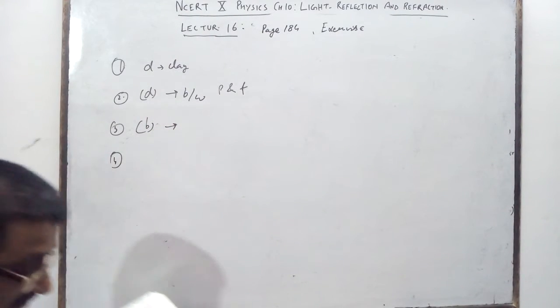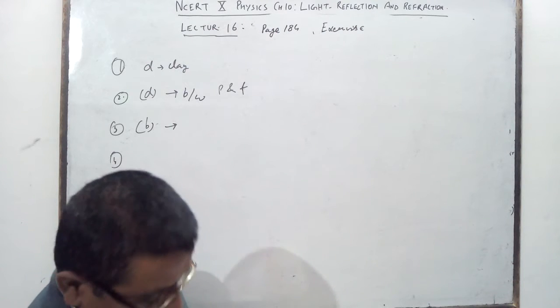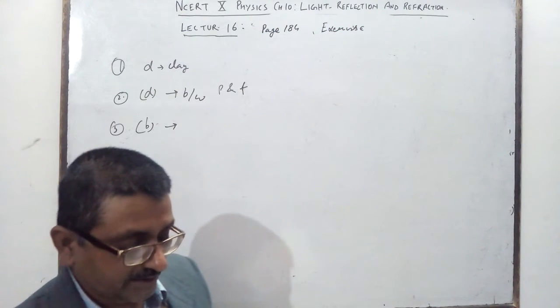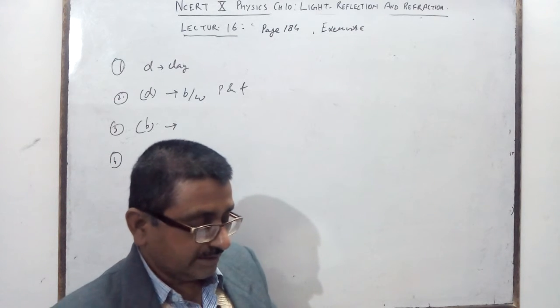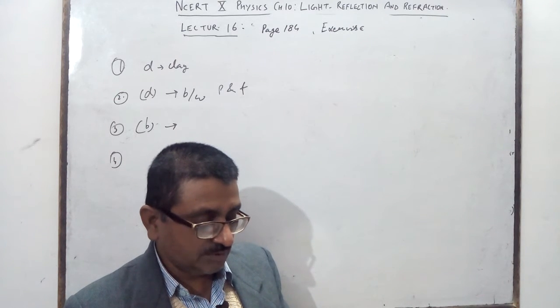Question number 4. A spherical mirror and a thin spherical lens each have focal length minus 10 cm. Then the mirror and the lens are likely to be both concave.